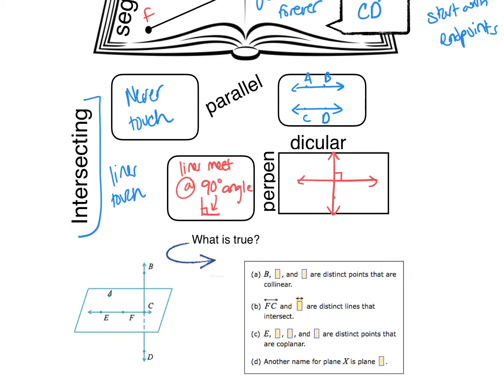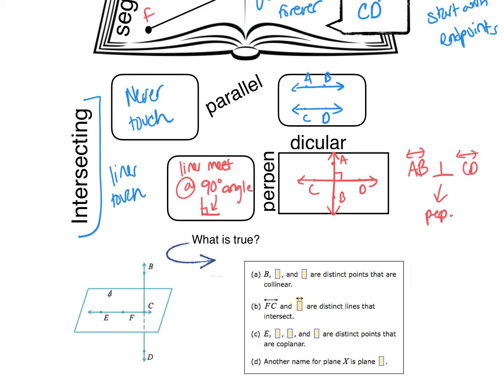So again, if I call this line AB, and this line CD, using the 2 letters to name a line, then I can say that line AB is perpendicular, and that's the symbol we use for perpendicular, like an upside down T, to CD.